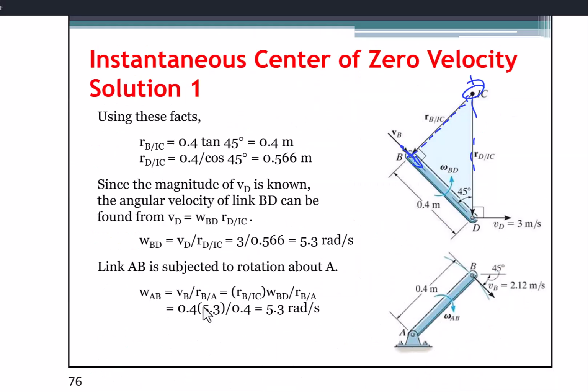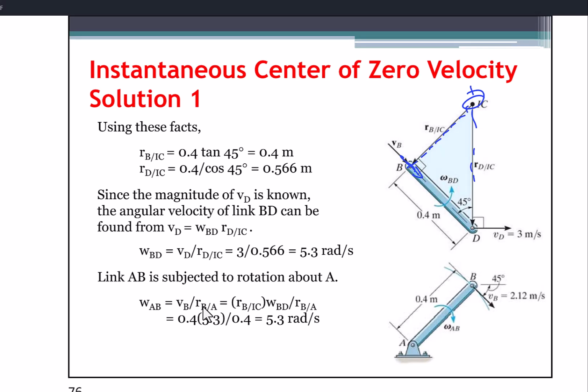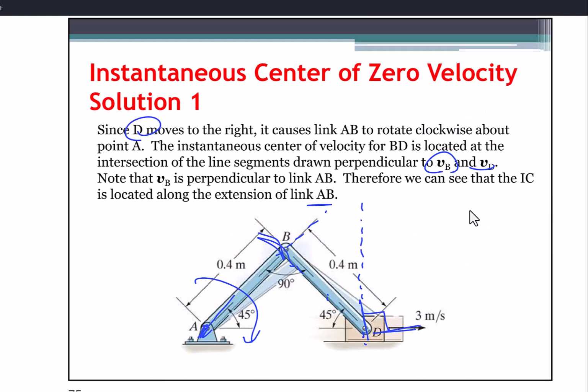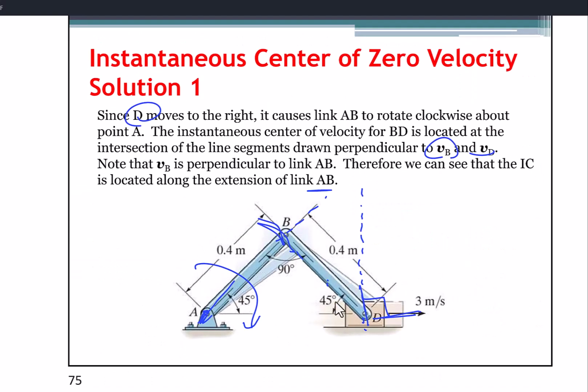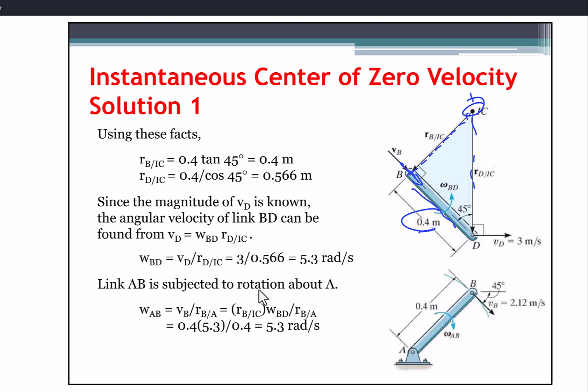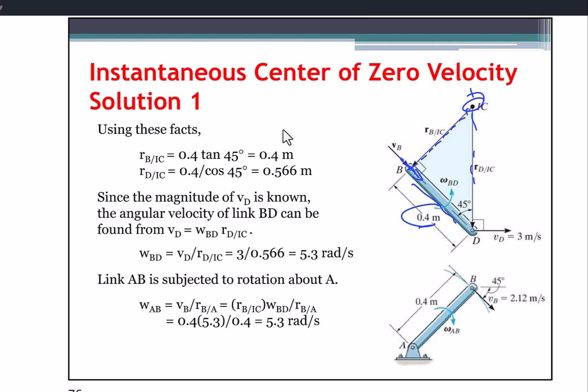Okay, what is required? We can first see BD, this is the first one, we have R and we have the angles, because we are given that we want to solve it when the angle is 45 degrees and 45 degrees. Same as we said, velocity can be related to the angular velocity.